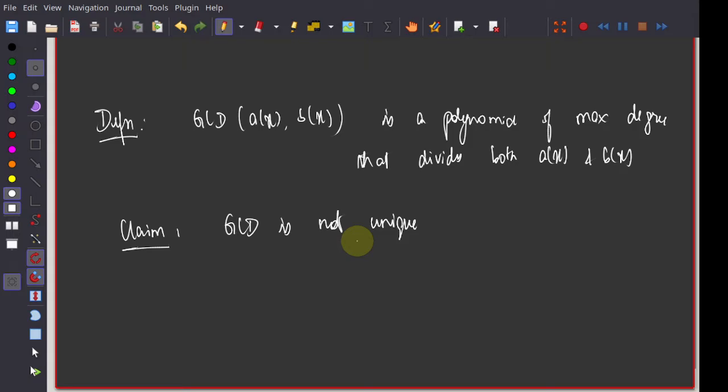I want you to be able to construct another GCD which is different from this, so a different polynomial which divides both a of x and b of x.